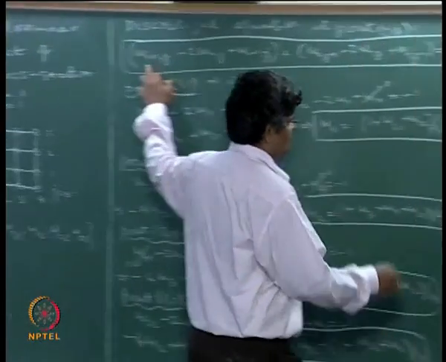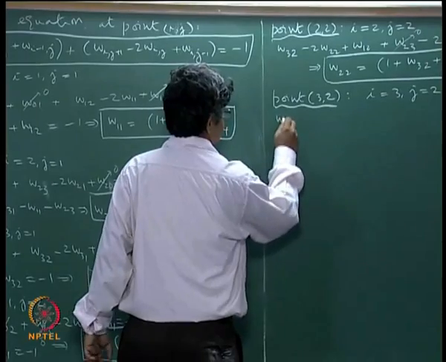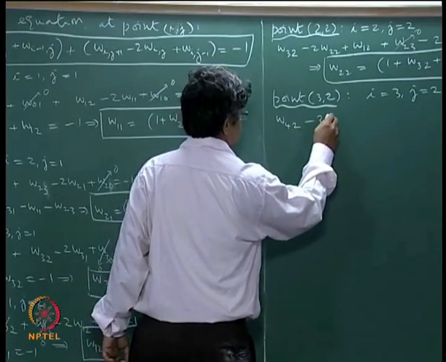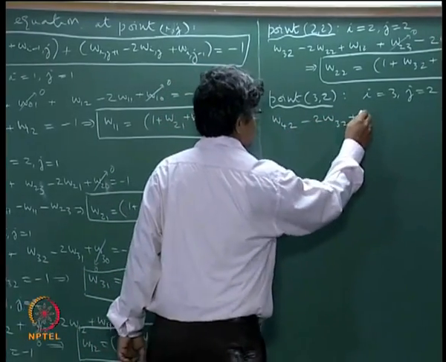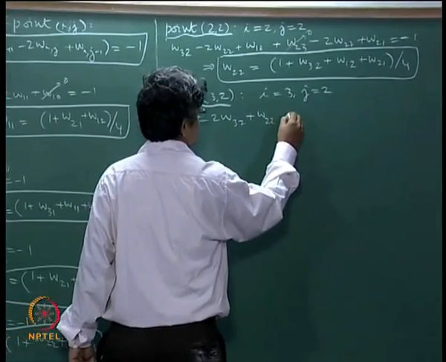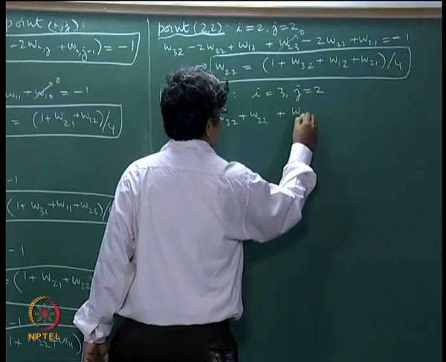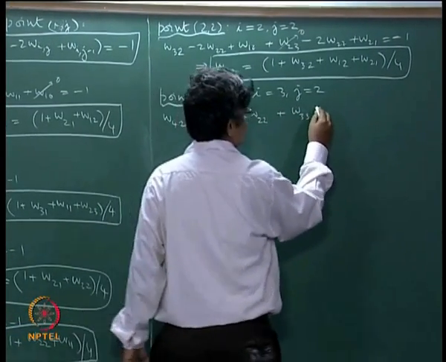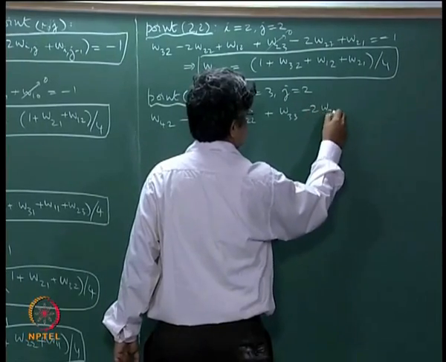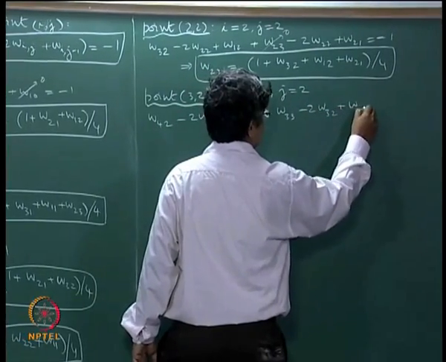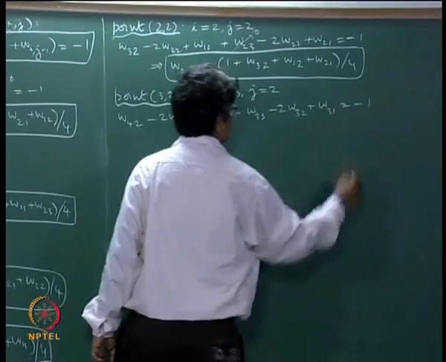So substituting this here, we get W42 minus 2W32 plus W22 plus W33 minus 2W32 plus W31 is equal to minus 1.